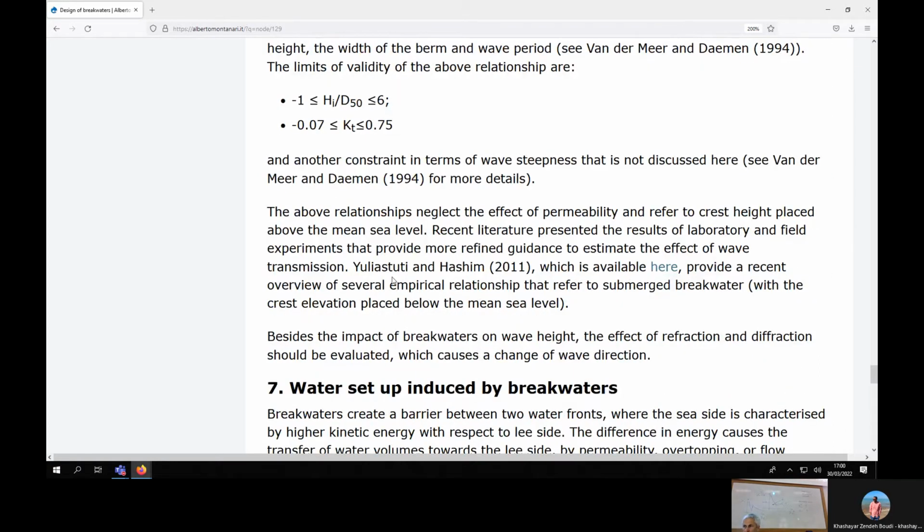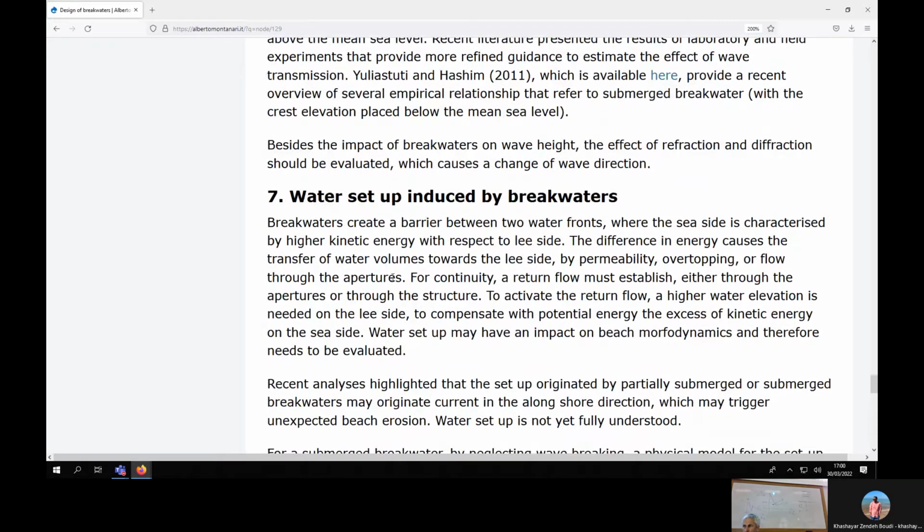And now let's focus on one final thing, that is the water setup induced by breakwaters. And this is interesting. Breakwaters create a barrier between two water fronts. One is very energetic and the other one is less energetic.